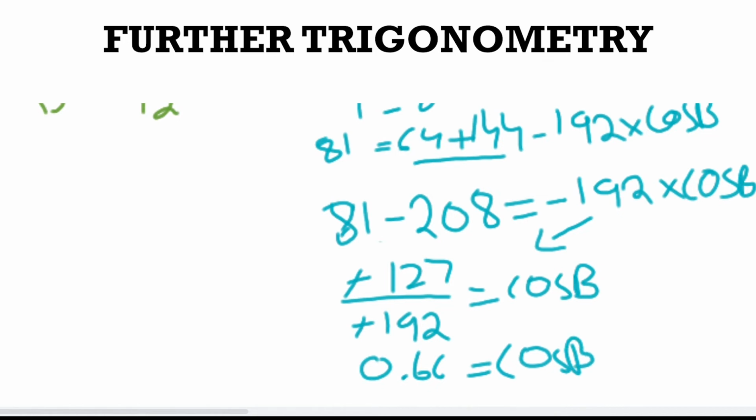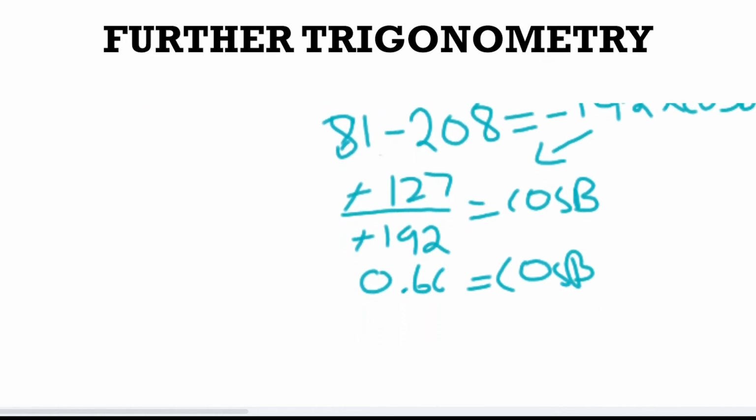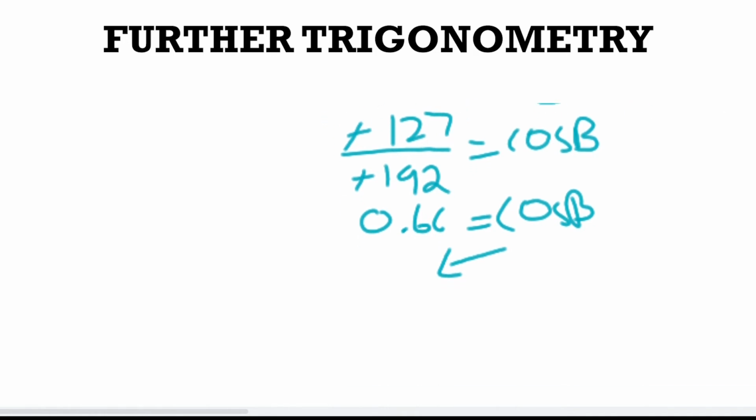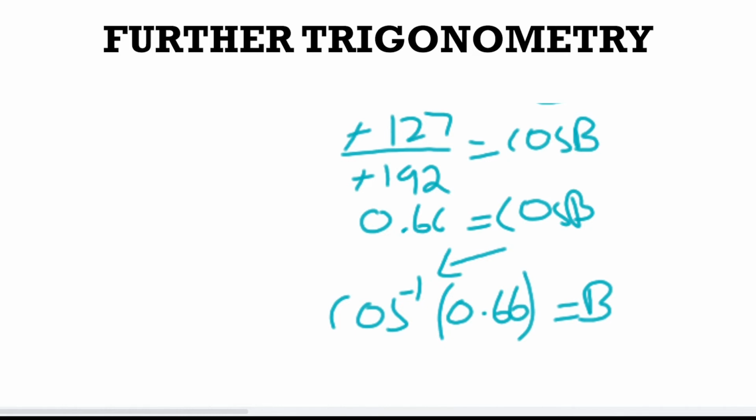Now we have learned in the previous trigonometric lessons that if we have to find the angle, we need to do the cos inverse. So in this also we will take this cos over here by cross multiplication, and it will get inverse because it is in the denominator. So it will be cos inverse 0.66 is equal to B. So it means that B is equal to 48.70.